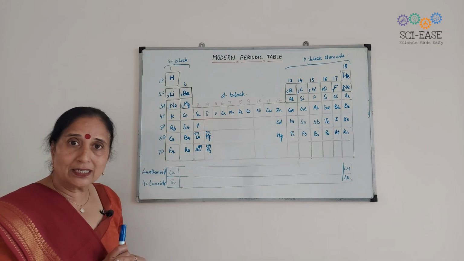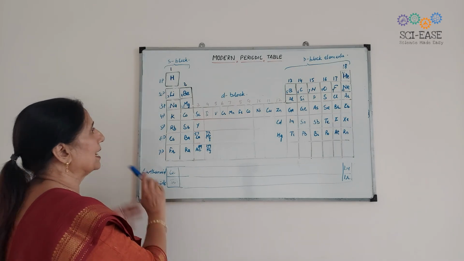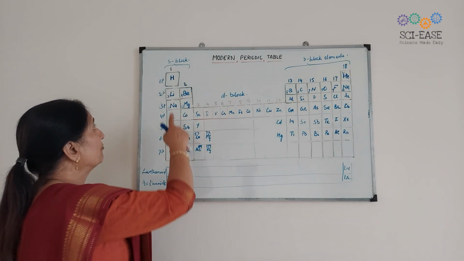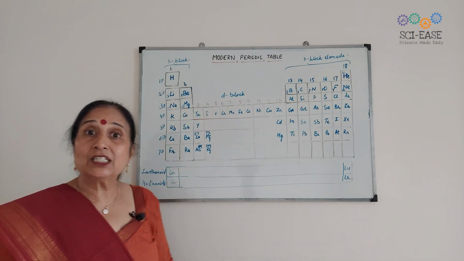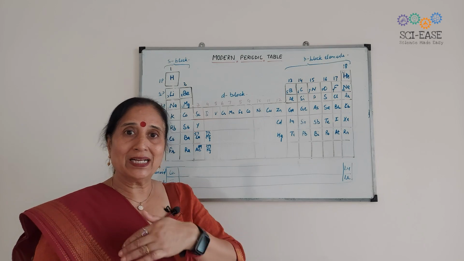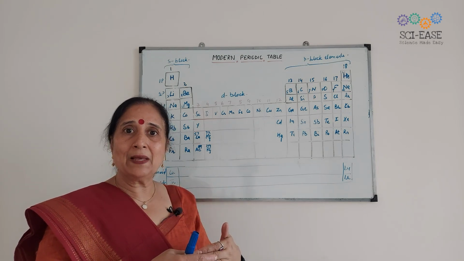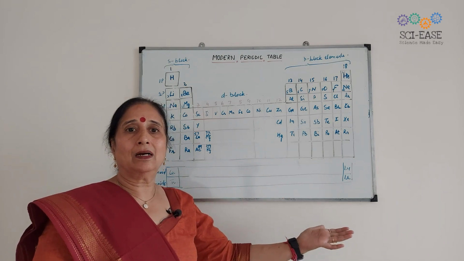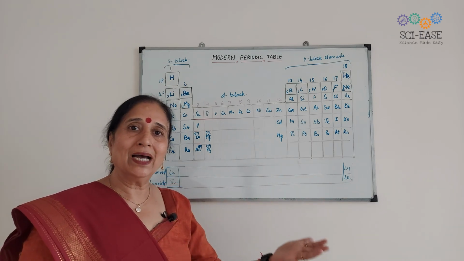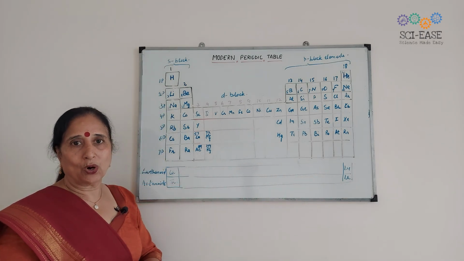One is lanthanoid series and another is actinoid series. And from the group number, we can judge the valency of the element or vice versa. From valency also you can tell that this element is present in group 1, 2 or so on.